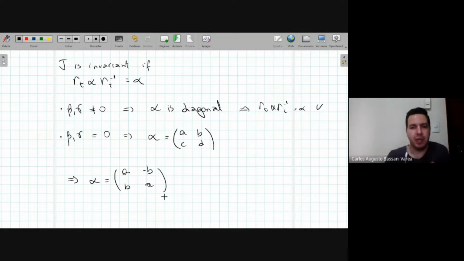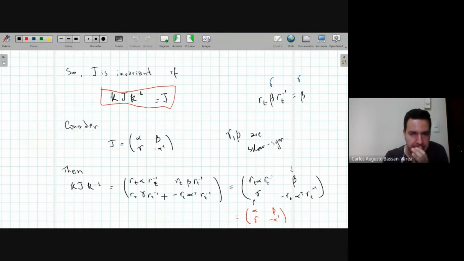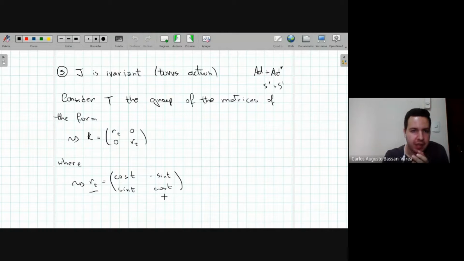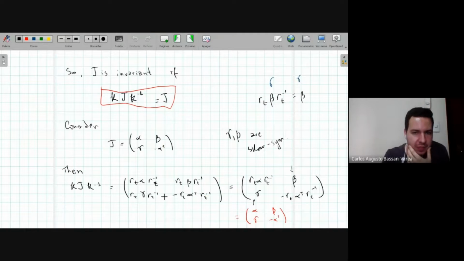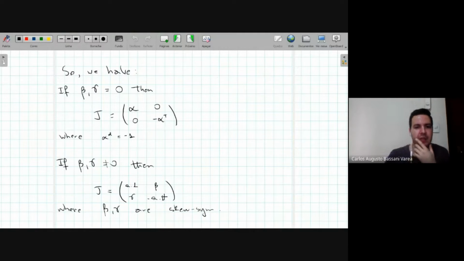But remember, when we ask that J squared is minus 1, we obtained that alpha squared is minus 1, because J squared must be minus 1.